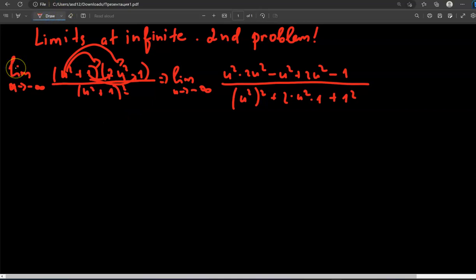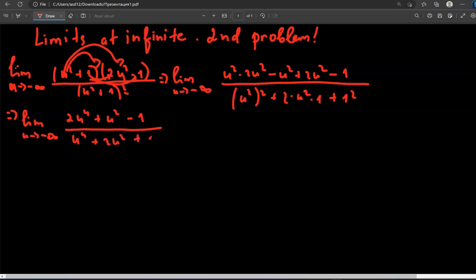Let's continue. This is the limit as u approaches minus infinity. This equals u squared multiplied by 2u squared, which is 2u to the fourth power, plus u squared minus 1, and all of them divided by u to the power of 4 plus 2u squared plus 1.